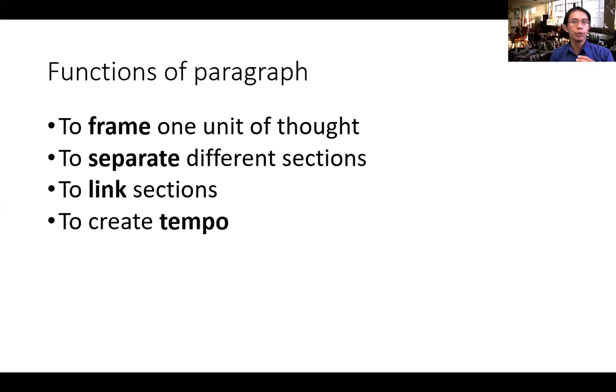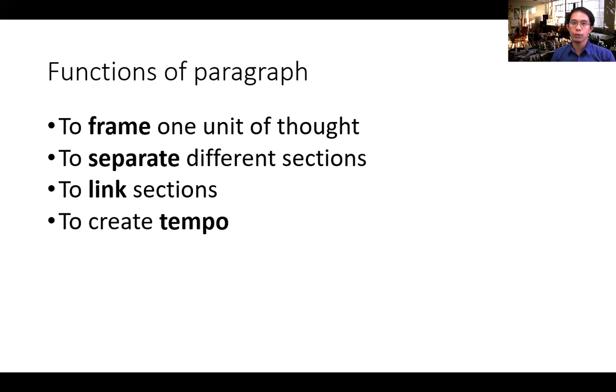You don't want to keep using fast-paced storytelling, but you can also interject that with a paragraph that slows down the tempo. And it's generally known that when you write shorter paragraphs, you tend to have a faster paced tempo.